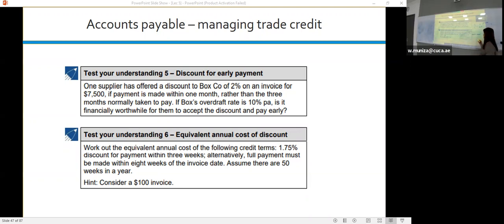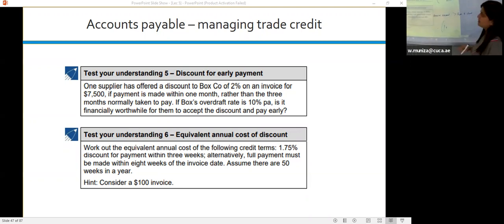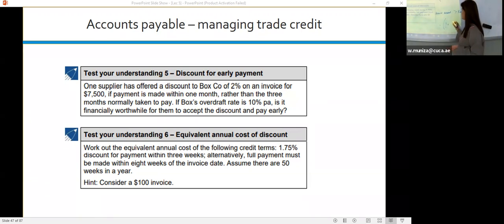So the invoice is 7,500, discount is 2%. How much is 2% of 7,500? 150. Divided by the amount left to pay, which is 7,500 minus 150, 7,350.